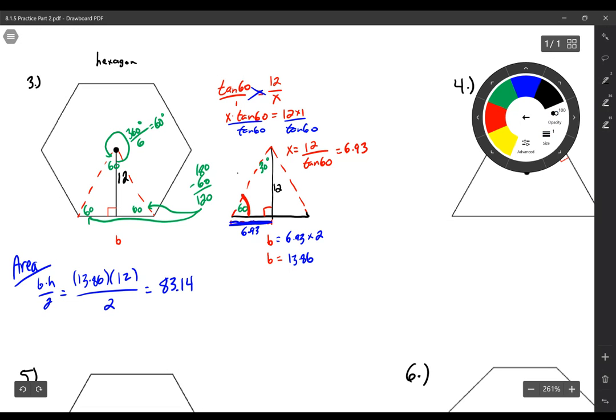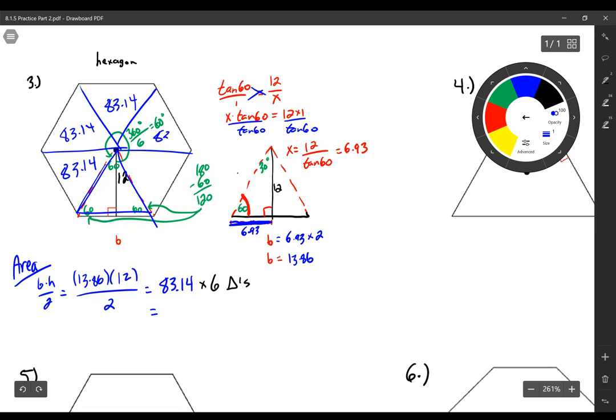And we know that there are 6 triangles. So we end up with a final answer. Since this triangle right here is going to be 83.14, so is this one, this one, this one, and this one. All of them have an area of 83.14.